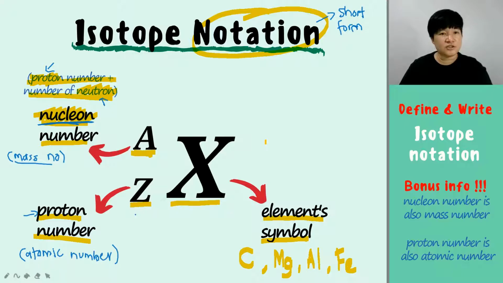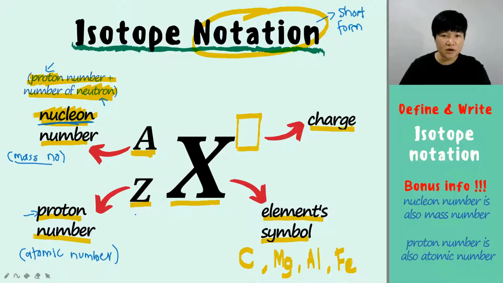Simple. There's still one more thing in this shorthand notation, in this isotope notation, which is charge. This will be the location where we write the charge. If your element right now is a neutral atom, then the charge will be 0.